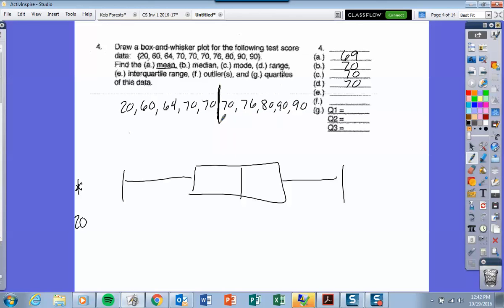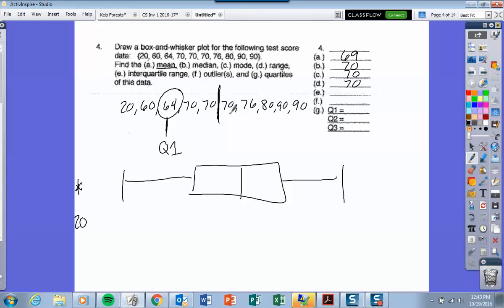This is where I get my median from. The average of 70 and 70 is still 70. To find my interquartile range, I'm going to now split these in half. I'll split these in half to find my first quartile. Well, there's 5 numbers. So the middle number is that guy. This is my quartile 1.